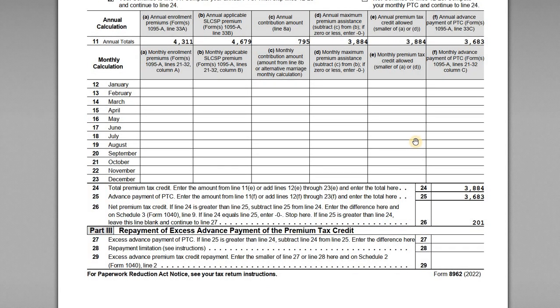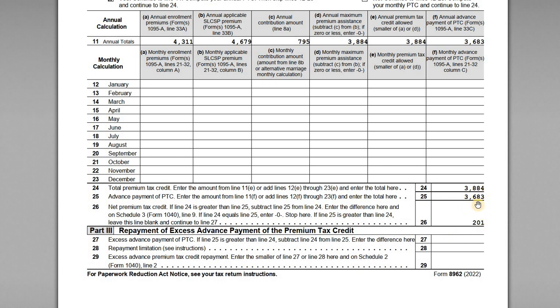Now, this is very important, right? Everything is pretty much the same, whether you get a refund or more tax, up until this point. So on line 26, if line 24 is greater than 25, subtract 25 from 24, enter the difference here, and on Schedule 3, line 9. Now, if line 24 is the same, enter 0.